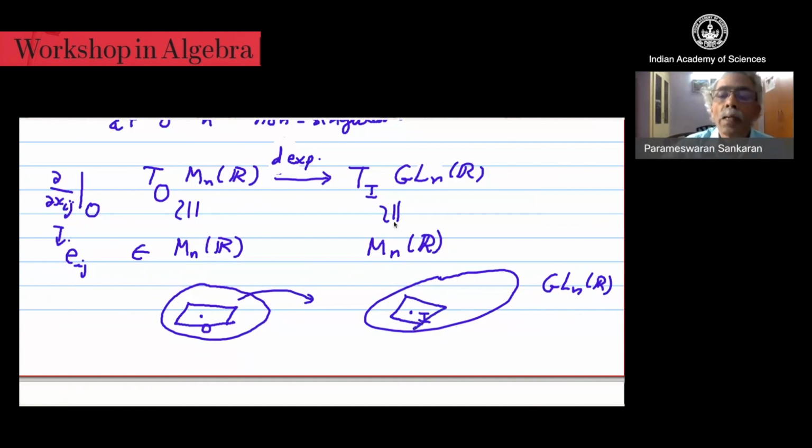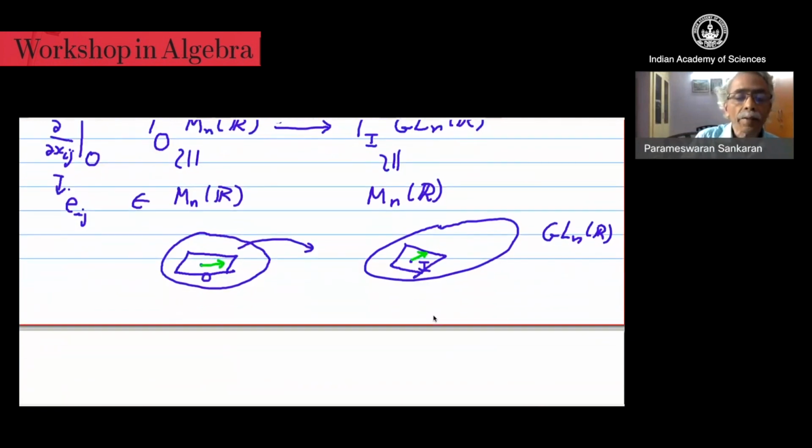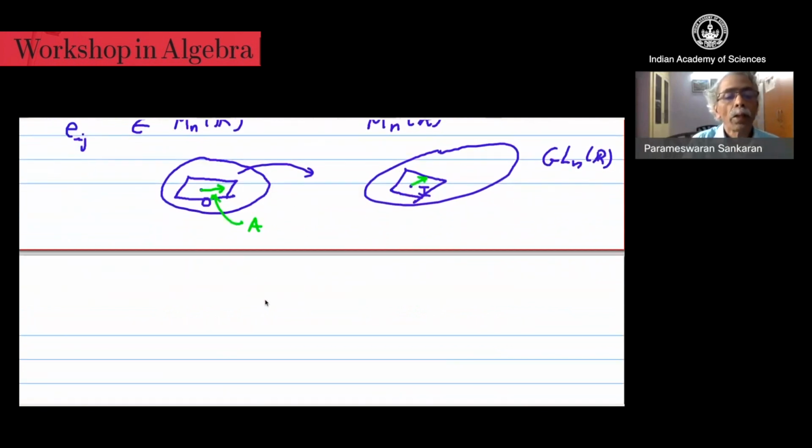Now I'm going to take a different color. I take a tangent vector here like this. This goes to some tangent vector. What is that vector? Let us see. A tangent vector here is just a matrix A, and we know that A is actually realized as a tangent vector of the curve.